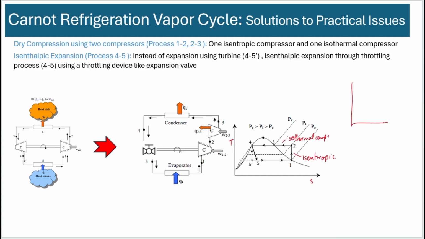And if you have a TS diagram and you have a two-phase dome, you know that the isobaric lines are somewhat like this. Okay, so they are constant here, like P equal to constant lines. The T equal to constant is also here inside the two-phase region.